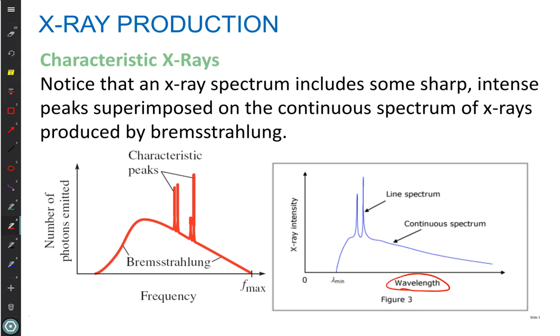You have a maximum energy that can be produced. That's the energy of your photon. For X-rays, it's the other way around. For today's lecture, we're going to talk about the kinetic energy of the electron striking the surface.